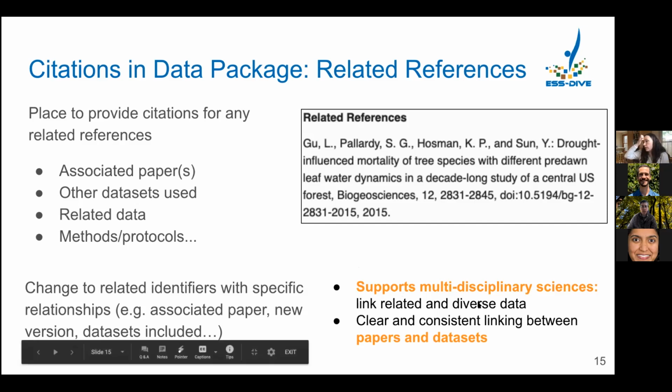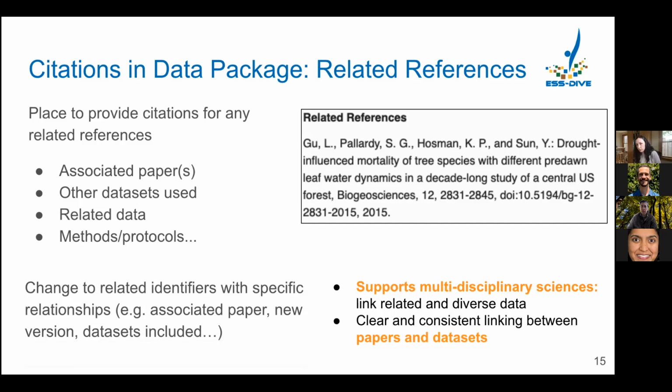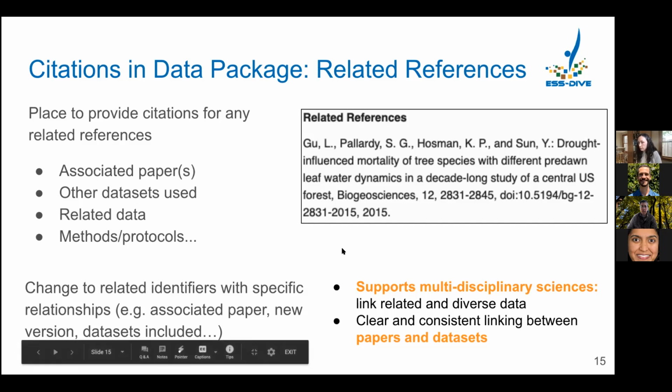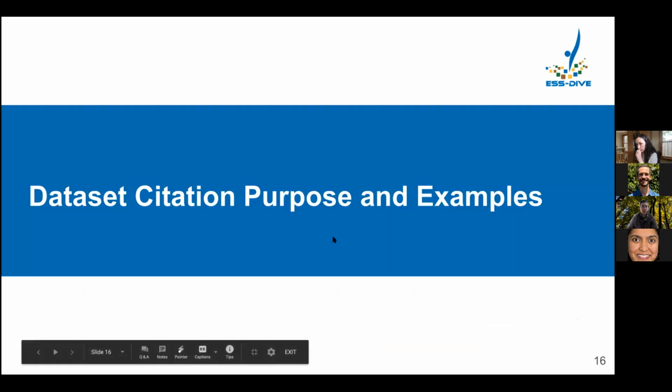And in general, we want to make sure that we have clear and consistent linking, especially between data sets and any associated papers. And as we'll discuss in a minute, this can help with data usage metrics moving forward.